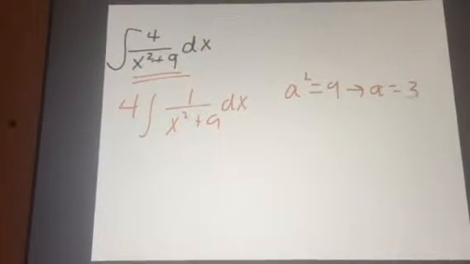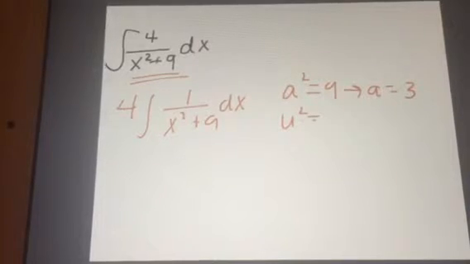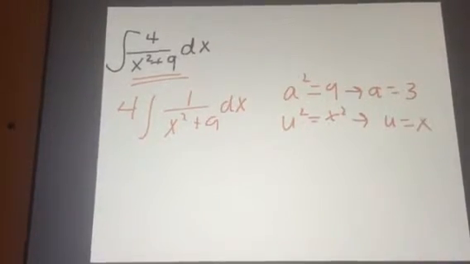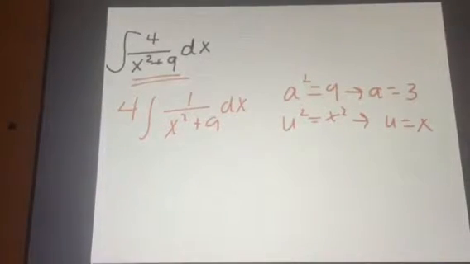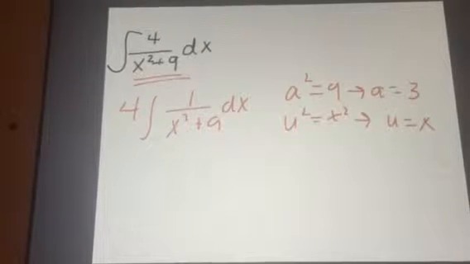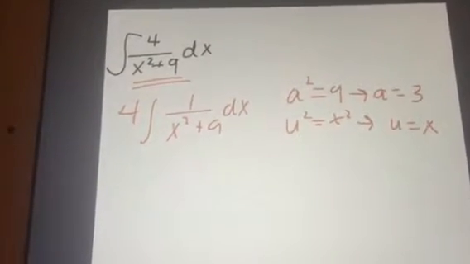So a would be 3, and u is your variable, which is x squared, goes back to u being equal to x. And since it's x squared plus 9, then that's the same as the inverse trig function.